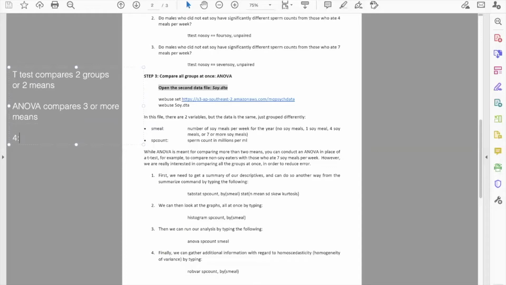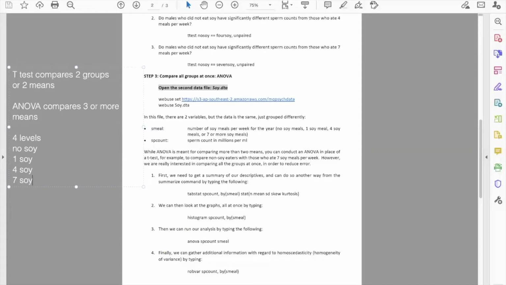So the four levels here are, again, no soy, 1 soy, 4 soy, and 7 soy. Okay, so we have one independent variable with four different levels. This is different from a numeric variable here. Here, our independent variable is categorical.